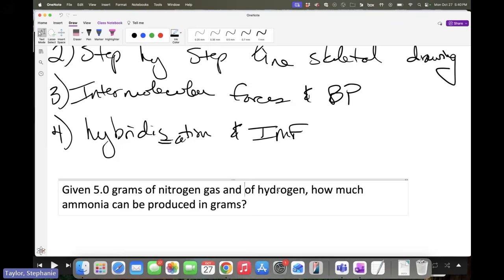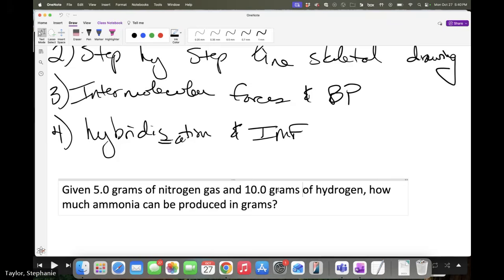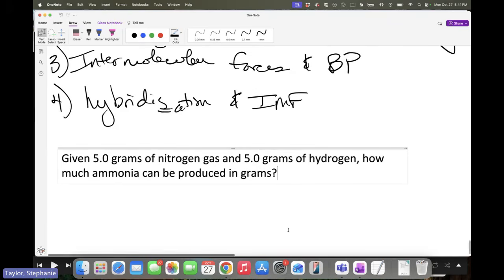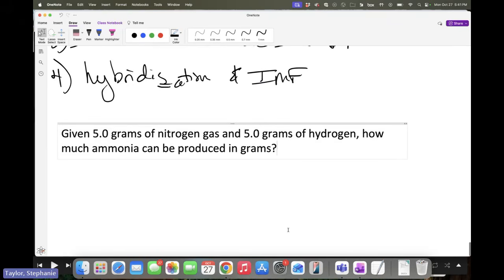How many grams of hydrogen do I want? 10? No, 2. No, 5. The same number. Sorry. We're just going to do the same number of grams of nitrogen and hydrogen and see what this looks like.